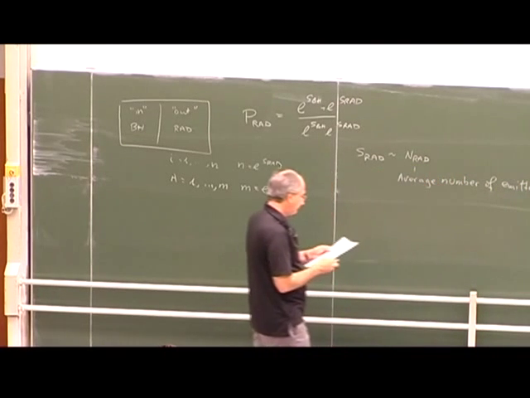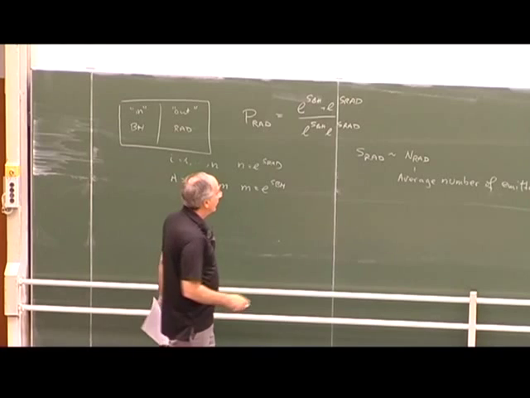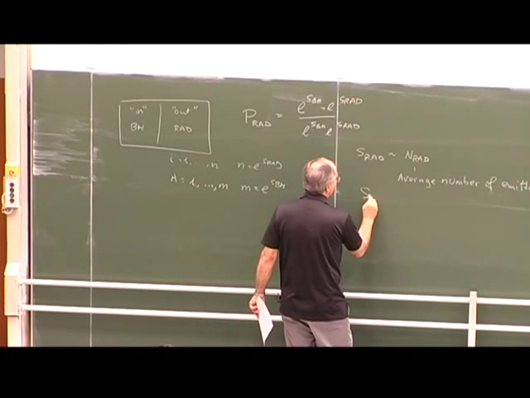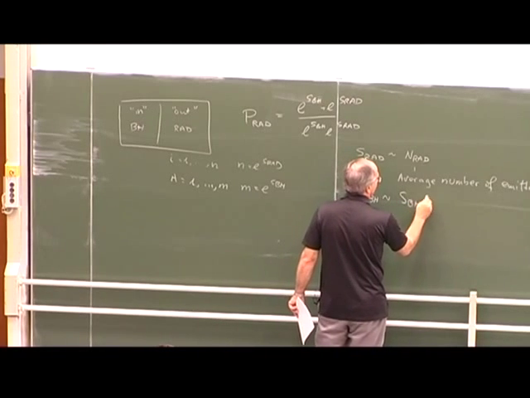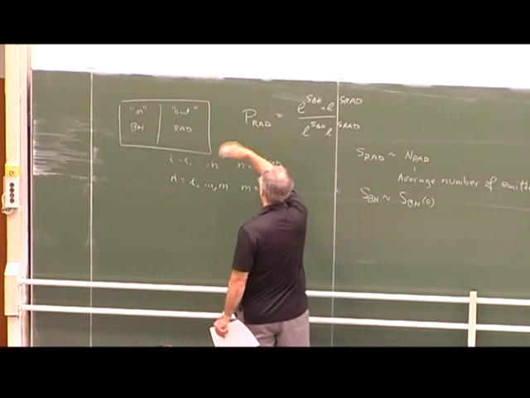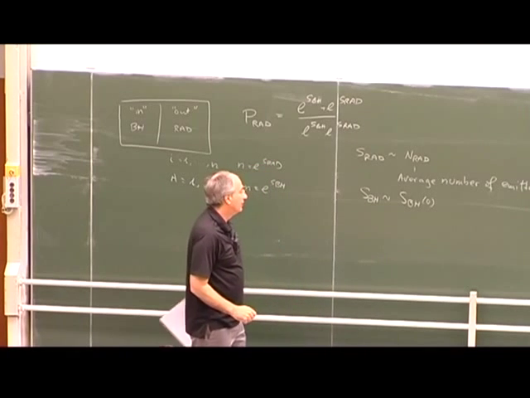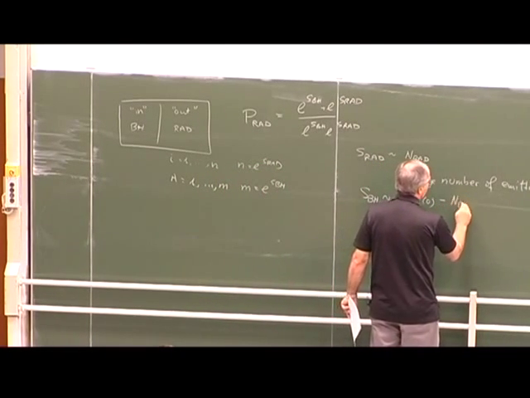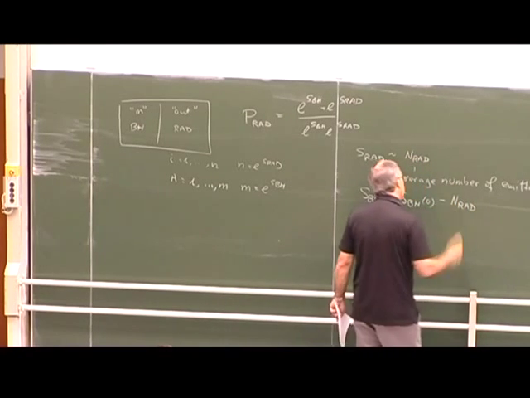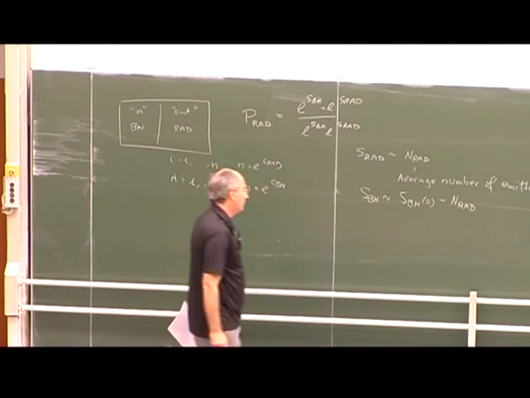Okay. And S_BH is approximately S_BH of 0, so the total size of the Hilbert space, minus the average number of the emitted particles.